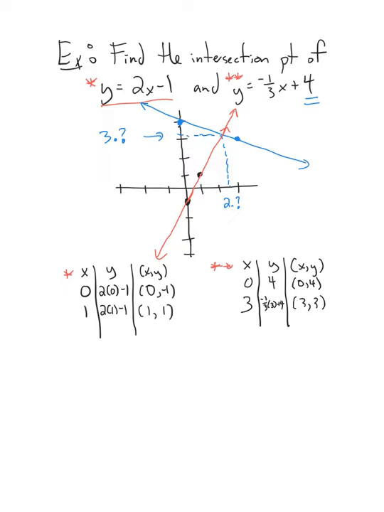All right, so let's go ahead and solve this problem now. So we want to find the intersection point. Now when we think about that, we want to find a point that causes equality to happen in both lines.